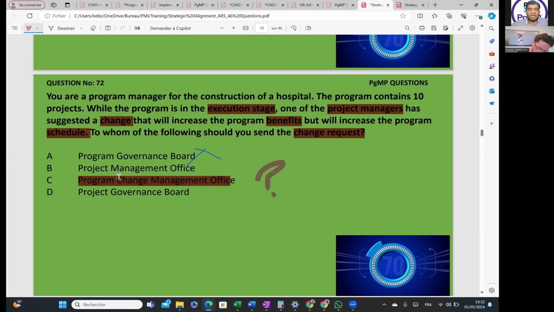That's the only thing that we have. So if the question had been change control board, again it would not be the answer, because change control board has nothing to do with your benefits. Whenever you need to get approval in PgMP, the only correct answer is either the steering committee or the program governance board. No other entity or stakeholder can give you the approval or the decision making.